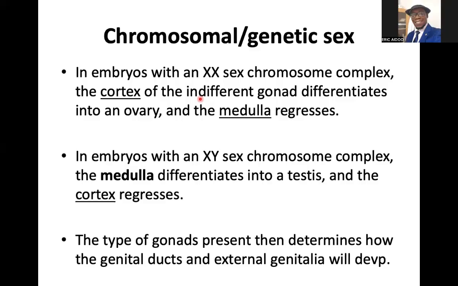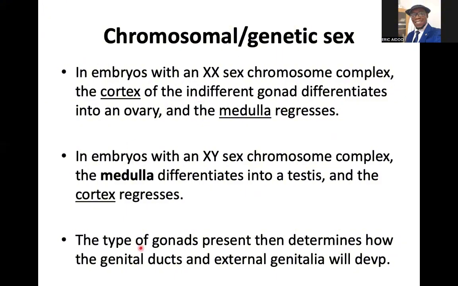Because of the presence of the Y, that will be a male. So you usually look at the presence or absence of the Y chromosome to really substantiate whether a sex is male. And if there's absence of Y, then obviously it is a female.